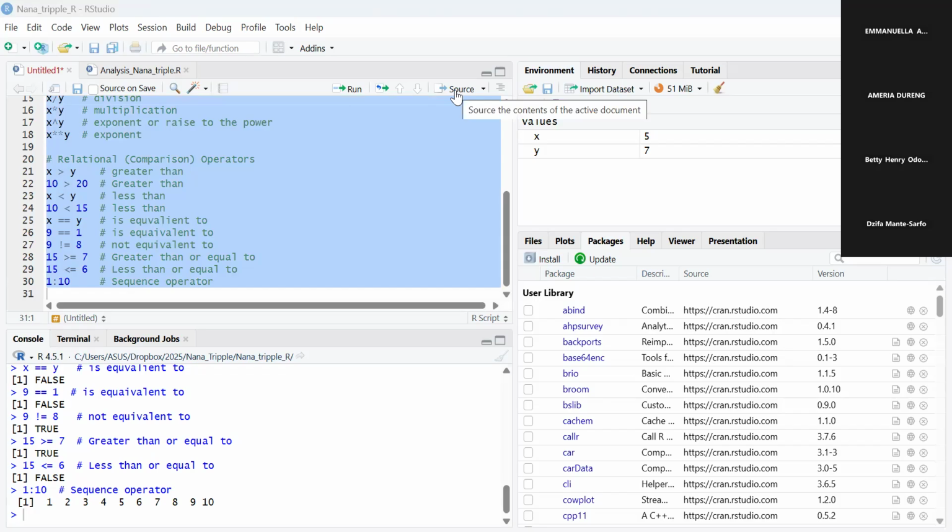It runs everything, and it will only tell me if there's an error. So next week, if we come back, you don't need to run one after the other. You highlight whatever we did, and you run the source. And the source will give you everything at a go. It would only stop midway when there is an error.